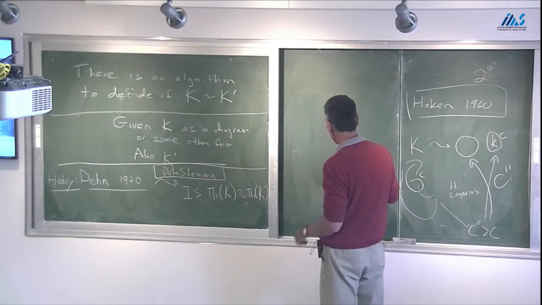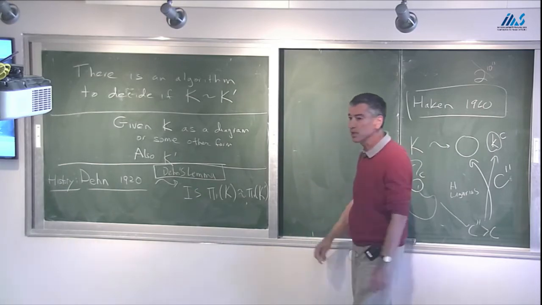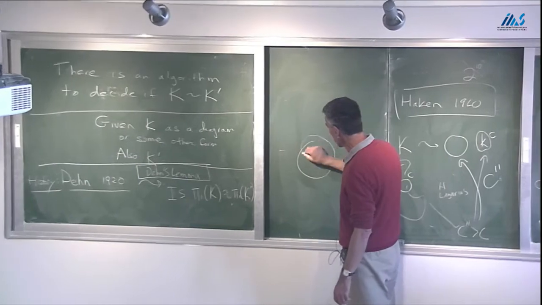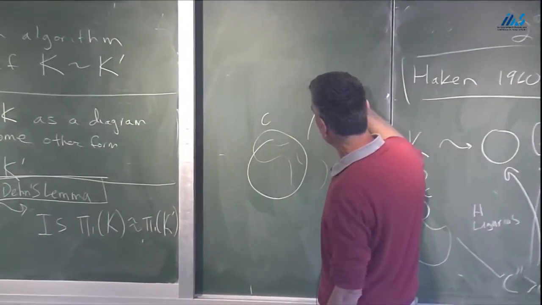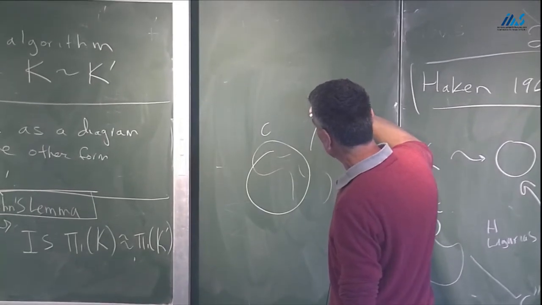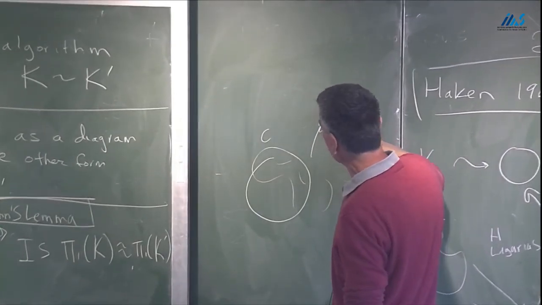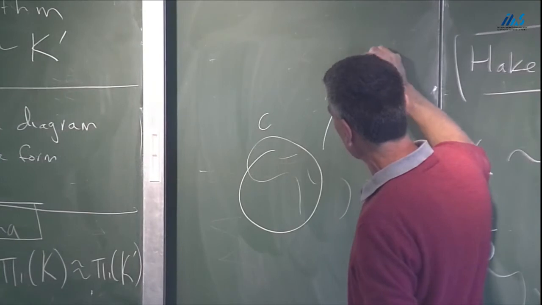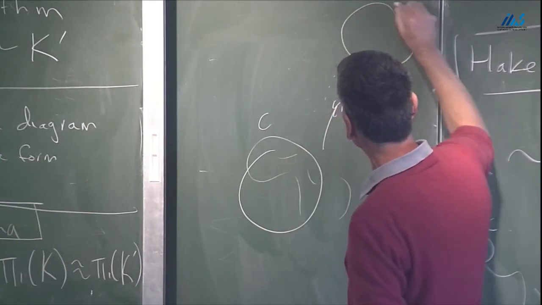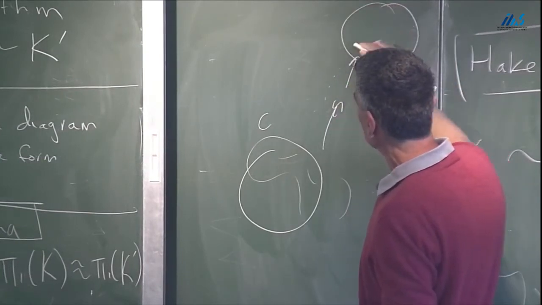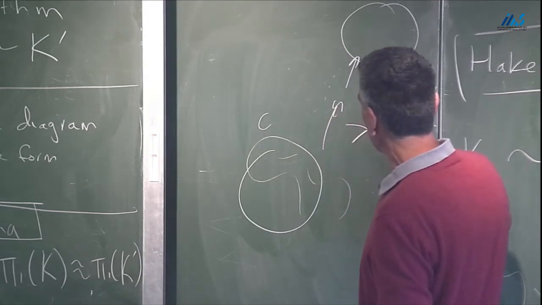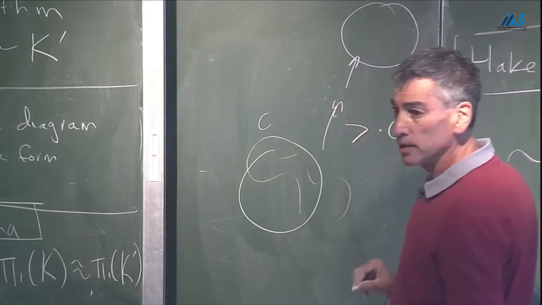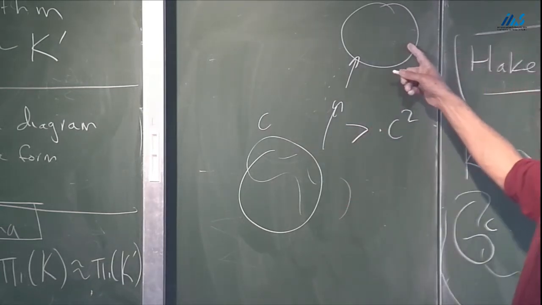We have a paper where there is an unknot with C crossings where the number of Reidemeister moves you need is greater than some constant times C squared to get it to the trivial case.